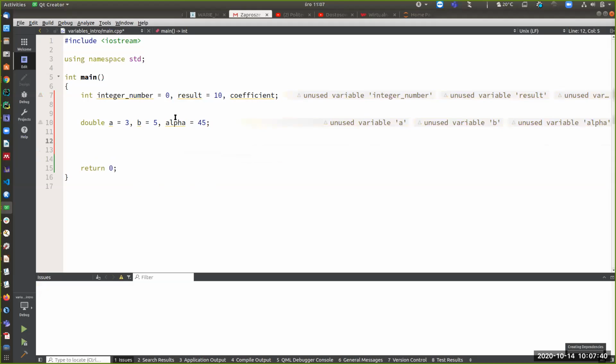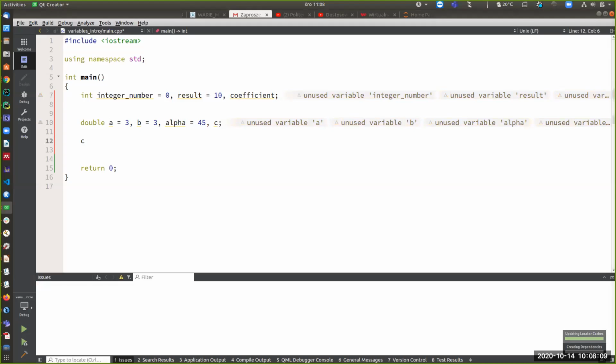So now I'd like to calculate c. Of course, I can calculate it based on the Pythagorean theorem or based on the sinus of the proper angle.